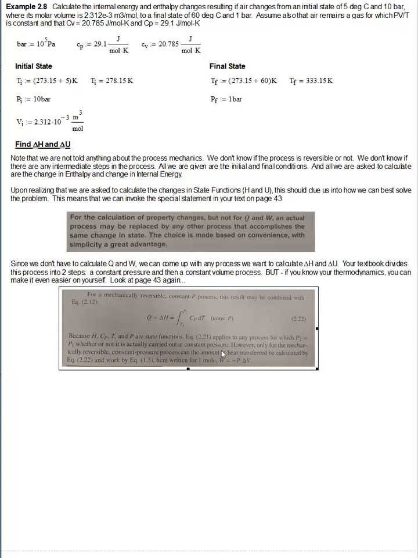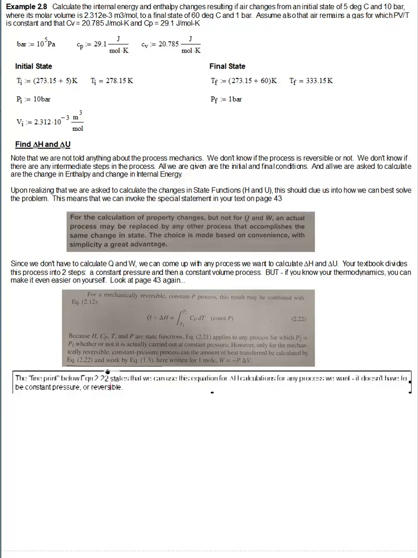at constant pressure. So what this means is that, because it is whether or not it is actually carried out at constant pressure, we can calculate delta H directly from this problem statement without having to come up with multiple steps in this process.